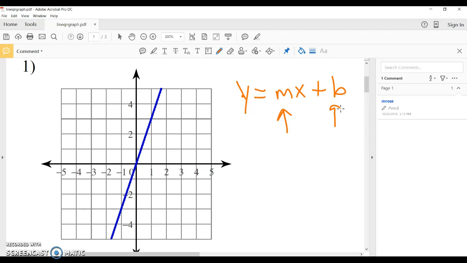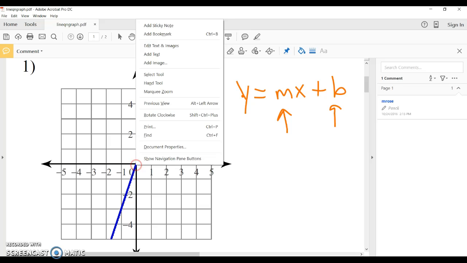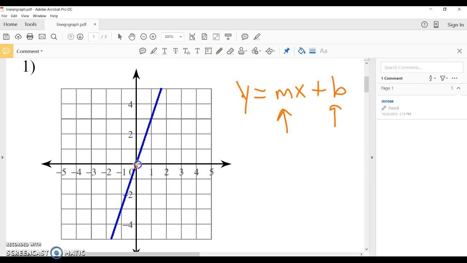My y-intercept is where this line crosses the y-axis. So when I look, it looks like it crosses the y-axis right here. So this would be my y-intercept, which would be at 0.